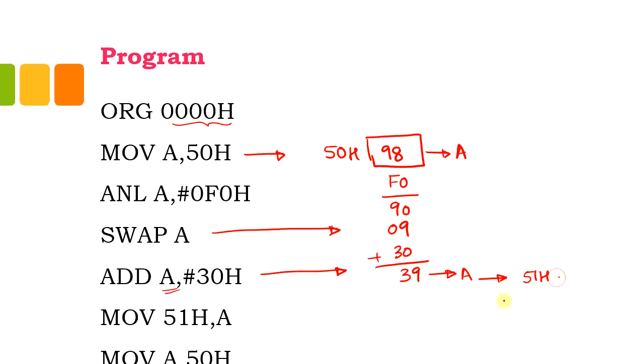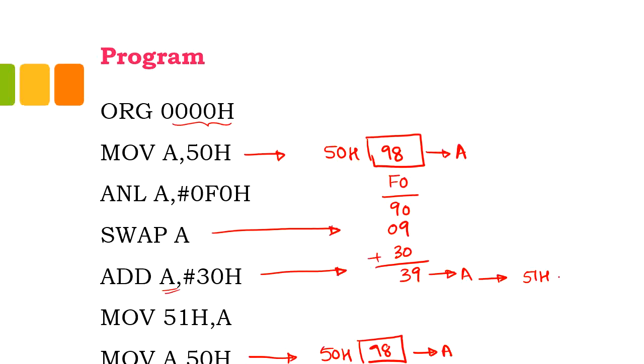Next what we are doing is we are considering MOV A, 50H. 50H was having the content 98, which has to be moved to the accumulator. Now in this case we are performing the masking, but we want only the lower nibble, that is 08. So we have to mask it with 0F to obtain 08.